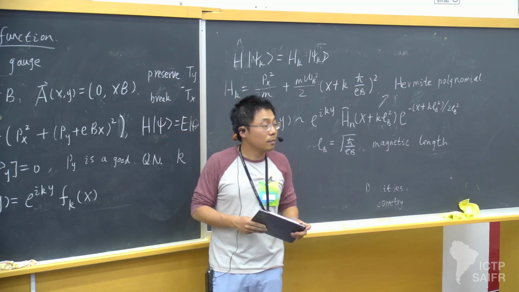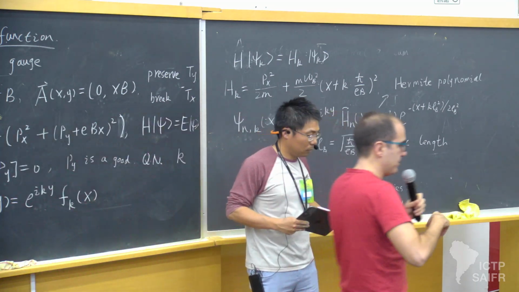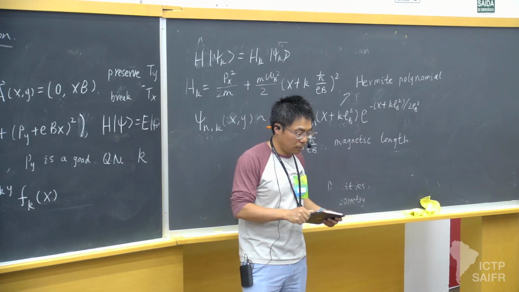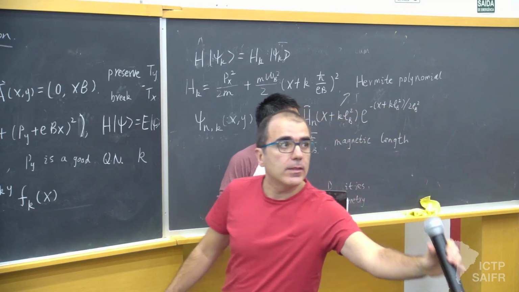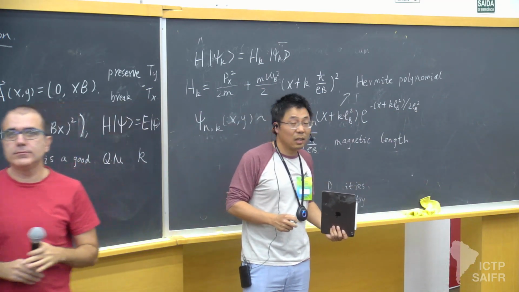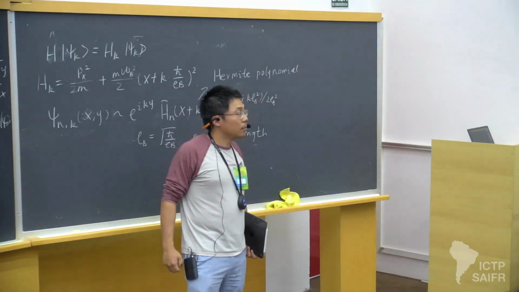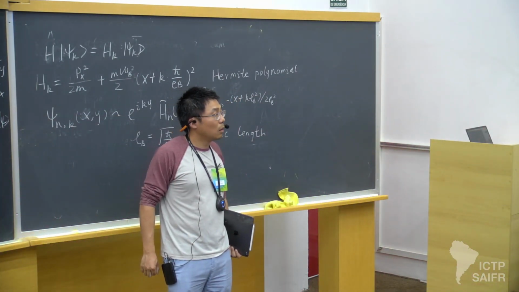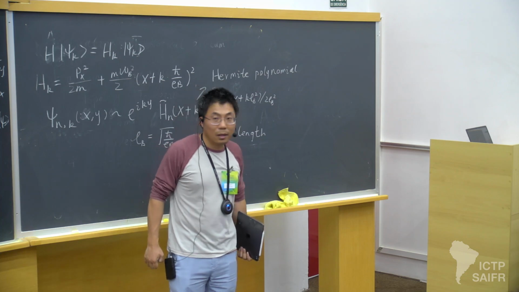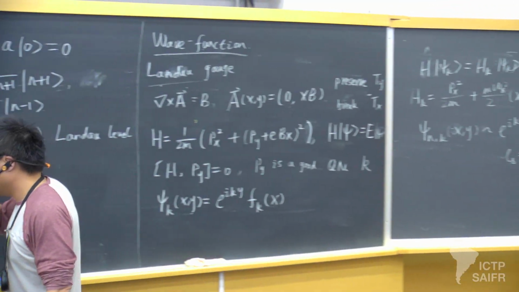More questions? One there. You can keep this microphone, perhaps pass it to someone. Okay, how can you realize that in the quantization here in the first part, you have the case for each n? Here you have two quantum numbers, n and k, but there you only have one. Yeah, that was what I said.